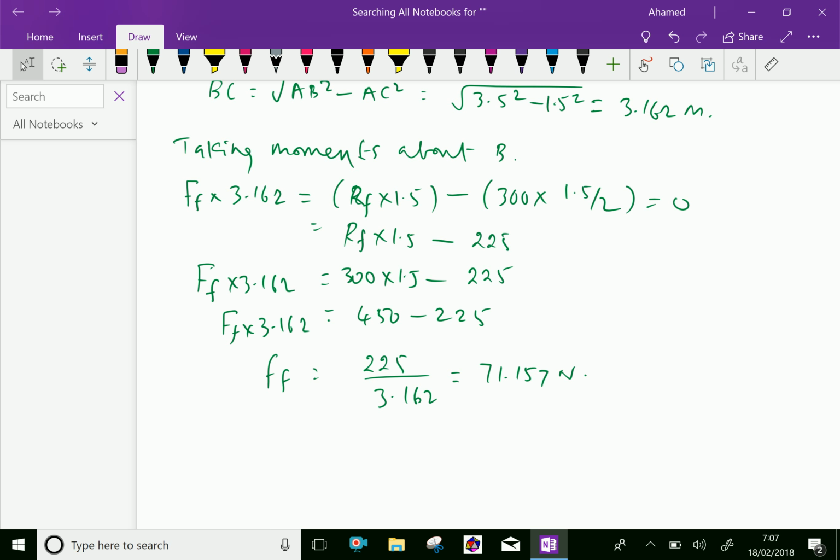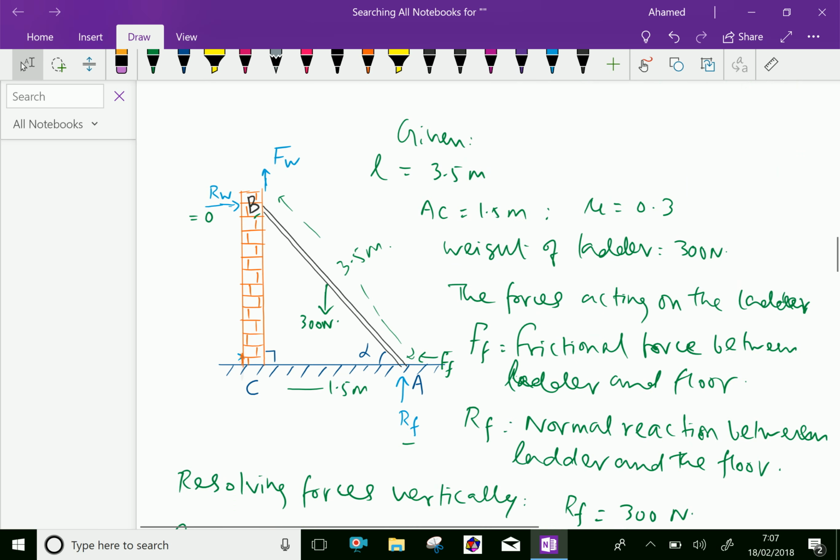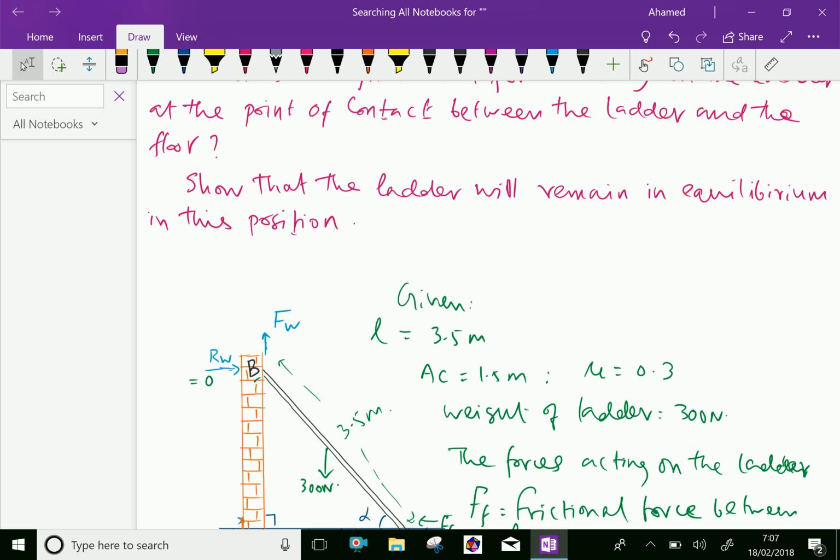Now the second condition, we will check the equilibrium of the ladder.